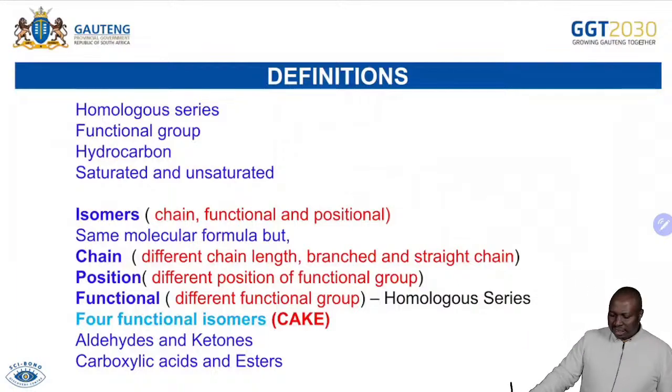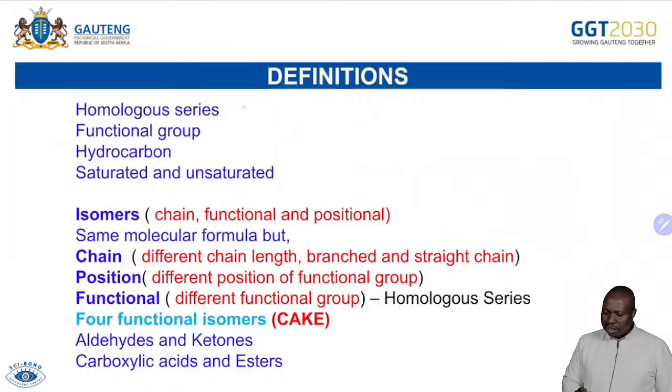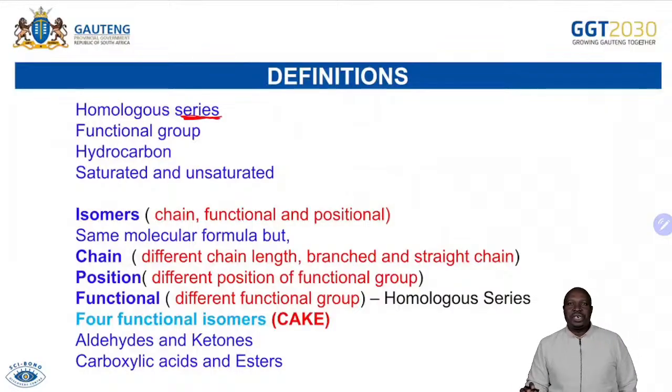We're still emphasizing you can't go to write the exam without knowing what a homologous series is. Here, we're saying these are series of organic molecules that can be described by the same general formula.